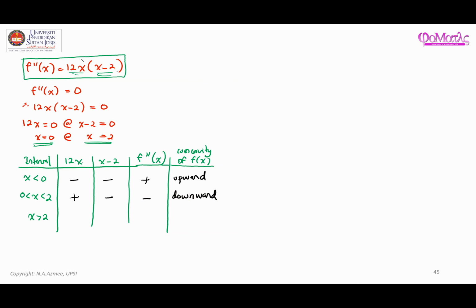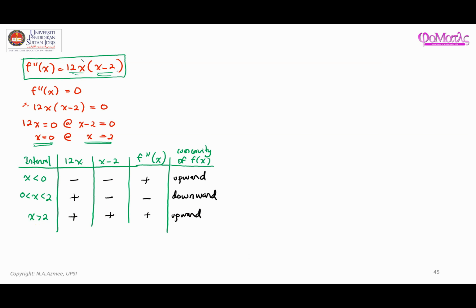Okay, this is downward concavity. And then for x greater than 2, this is going to be positive. This is going to be positive. Positive times positive is positive. So it's going to be concave upward. Okay, so this is upward concavity.